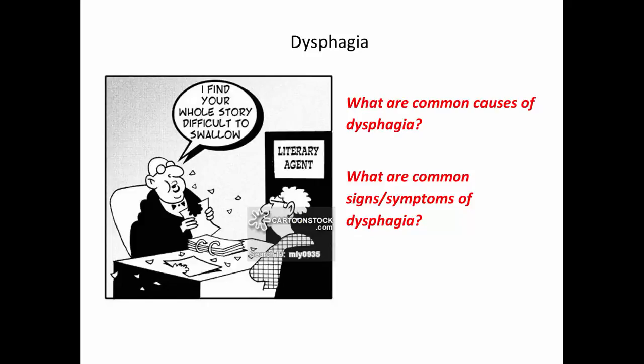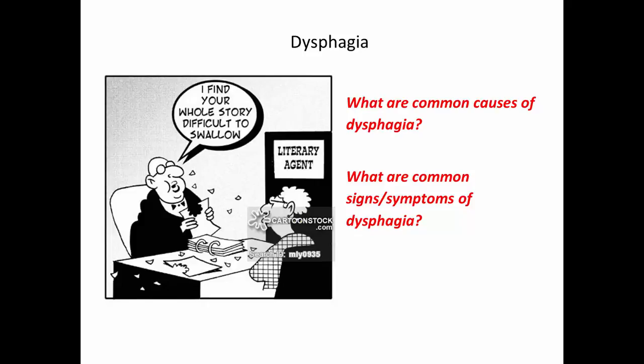So some common causes of dysphagia could have to do with the swallowing muscles themselves, so the pharynx and the tongue, and if those swallowing muscles are weak. It could be a problem with the nervous system, so that could be brain or any of the peripheral nerves that run to and from those muscles that control and coordinate swallowing.